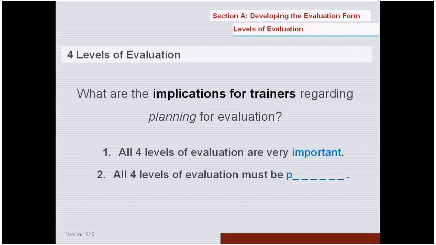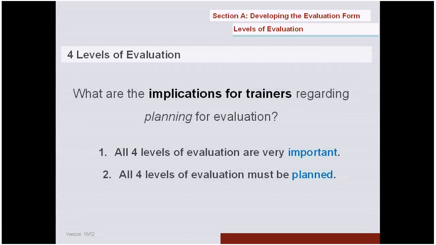Present. Well, that's a good one. Present is very acceptable. Can anybody come up with another P word? Planned. Yes. Now, present is good, but for it to be present, they need to be planned. So all 4 levels of evaluation are very important, and all 4 levels of evaluation must be planned.